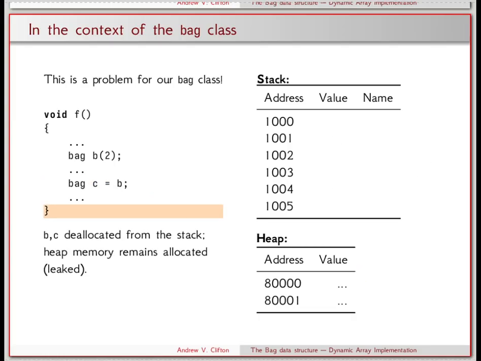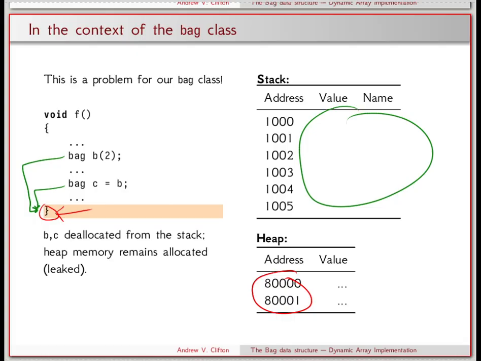And then finally, when we hit this line, the closing curly brace that marks the end of the scope for both B and C, the memory that they were using on the stack goes away, but their heap memory is still in use. There's no deletes anywhere in my program, so that means we have a memory leak.